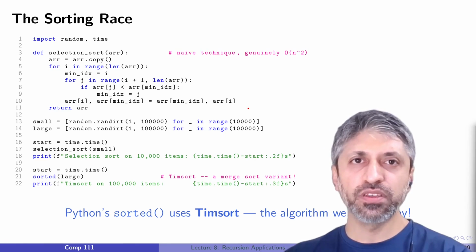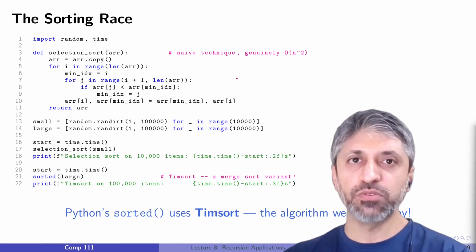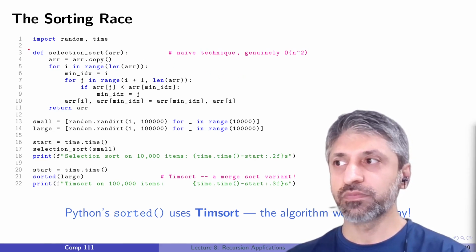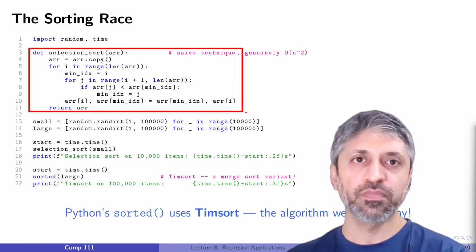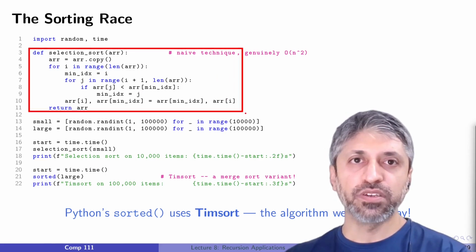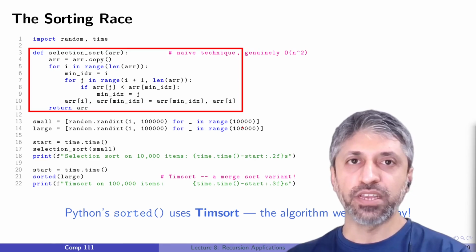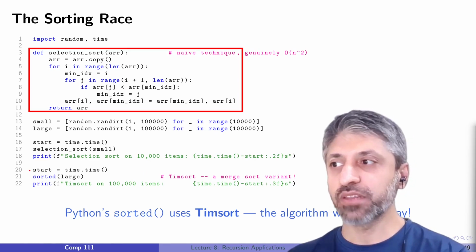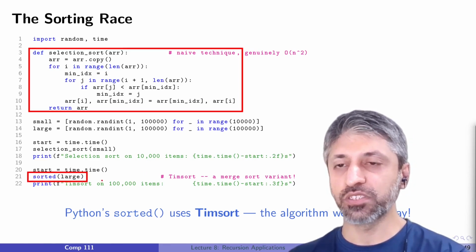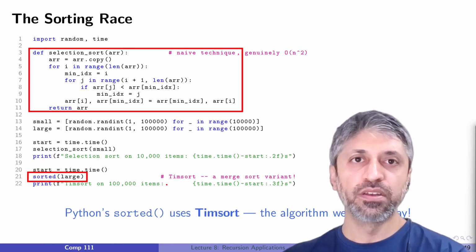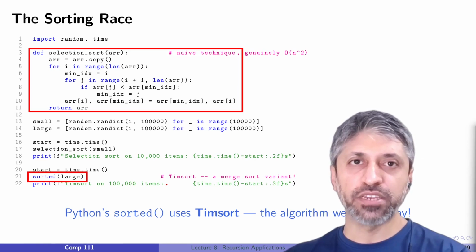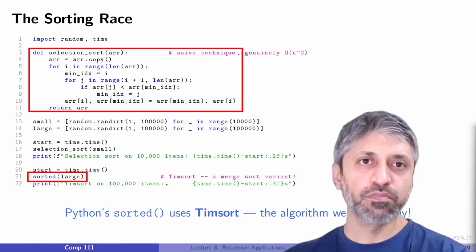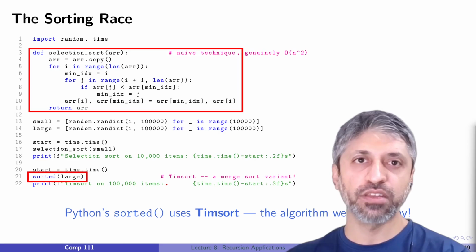Let's put two algorithms in a race. On lines 3 to 11, we have selection sort, and that is a naive O(n squared) approach. On line number 21, we have Python's built-in sorted function. The thing to note here is that selection sort on just 10,000 items takes a few seconds, but sorted handles 100,000 items.